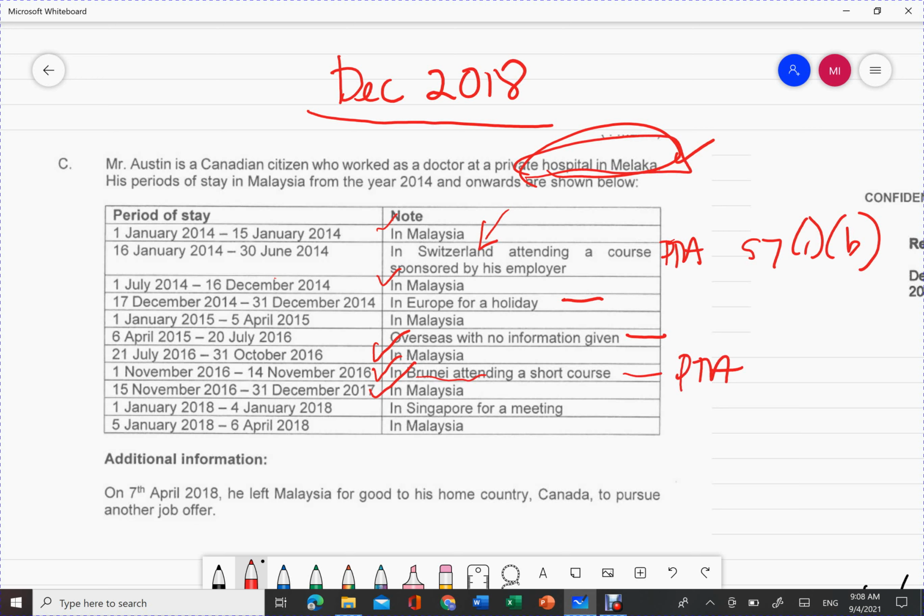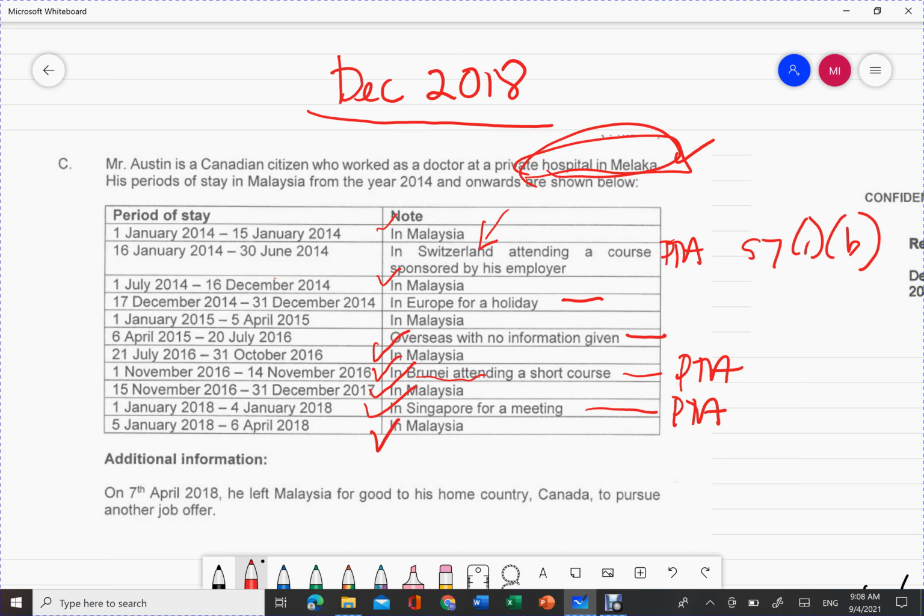He was in Malaysia again. Then in Singapore for a meeting. We also assume the meeting is for work, so permitted temporary absence. By right, the question should explain a little bit, that the meeting and short course are related to work, but of course we will assume so. And then he was in Malaysia.